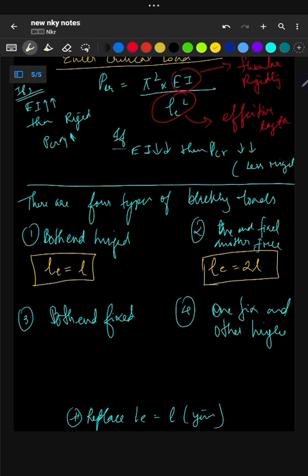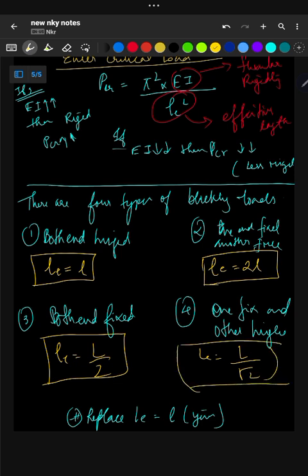In both fixed, LE equals L by 2 because it is hard to buckle when fixed. And in the last, LE equals L by root 2. So this is all about the chapter of theory of columns. That's it. Thank you.